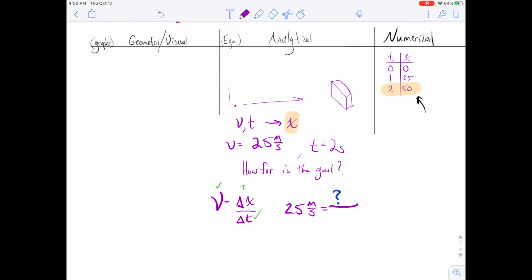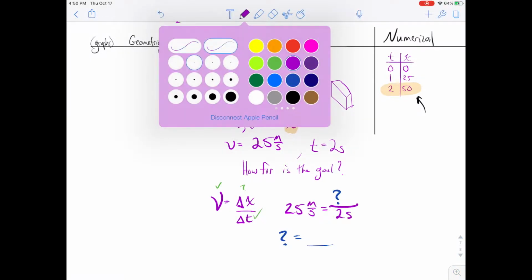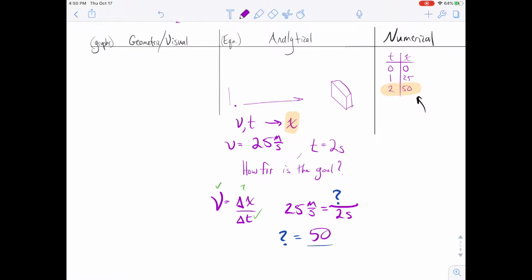And delta t equals 2 seconds. So we could sort of say to ourselves, what number divided by 2 gives us 25? You don't have to be a math nerd to see that that is 50 meters. So what do you know?